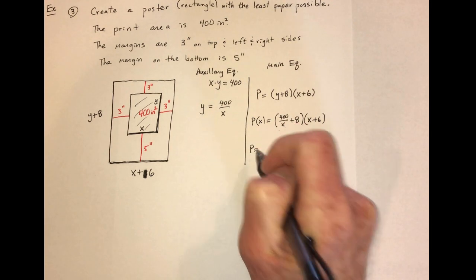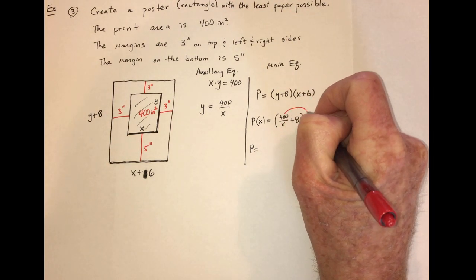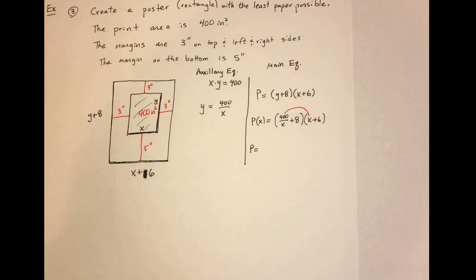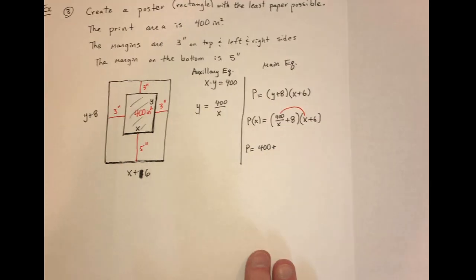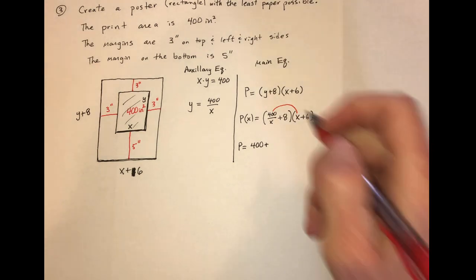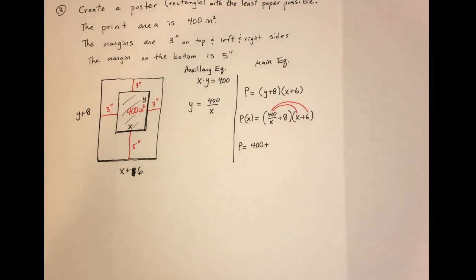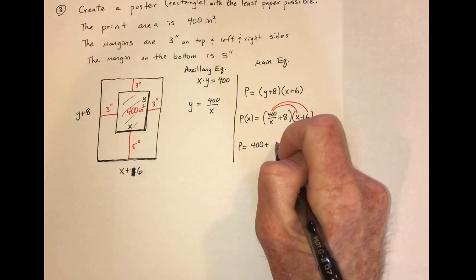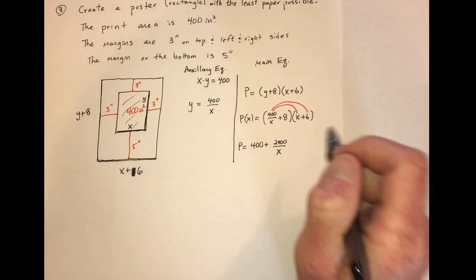So P is equal to, when you multiply these two, the x's are going to cancel. It's just going to be 400. When you multiply these two, it's going to be 6 times 400, so that's 2400 over x.